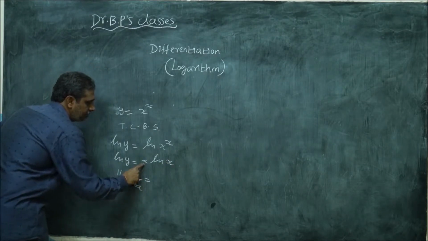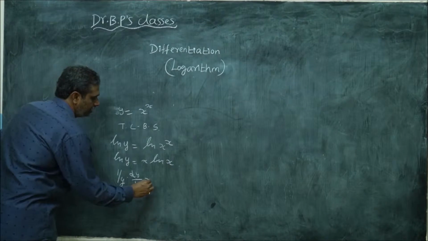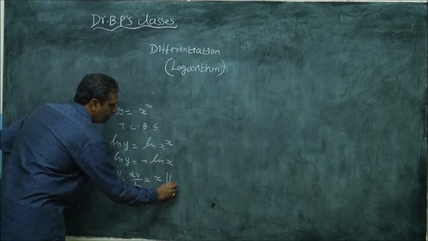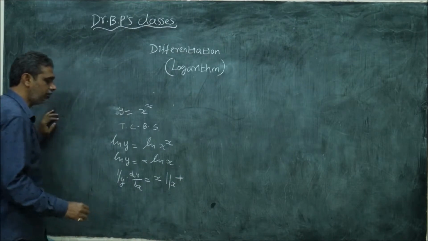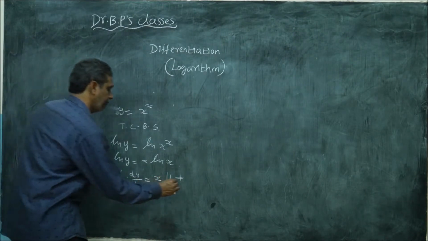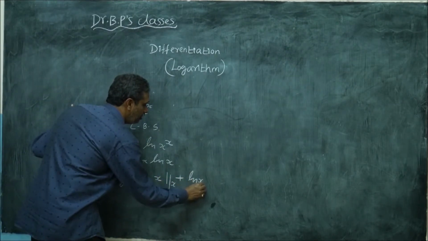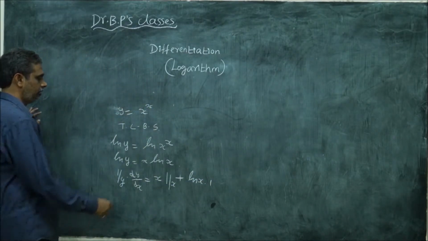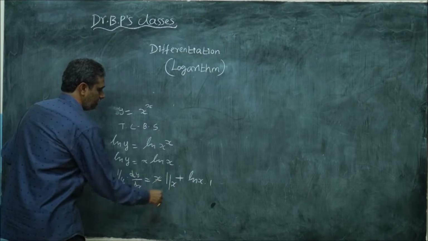Now do differentiation. Here x is also a function of x, and log x as well, so use the uv method. One factor I can keep as it is, and differentiate log x, which is 1 by x. Plus, what you differentiated before, you can leave freely, log x, and what you did not differentiate, you differentiate, that is x differentiation, 1. So x into 1 by x gets cancelled.